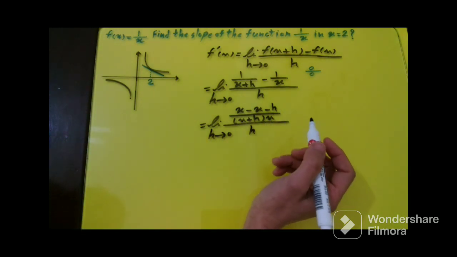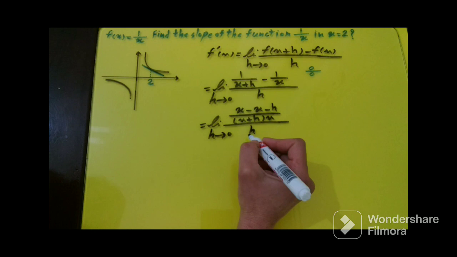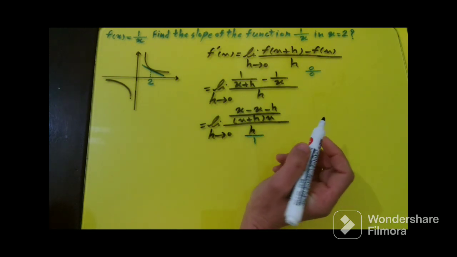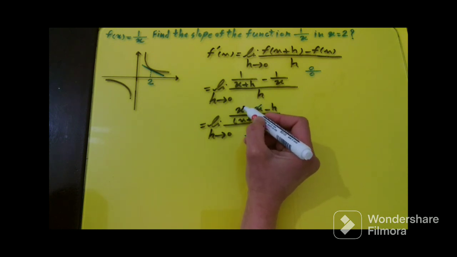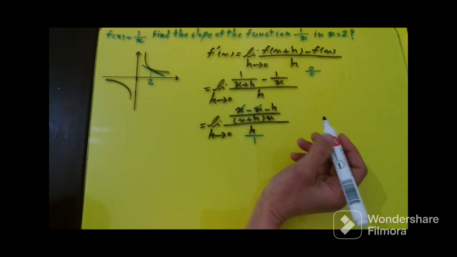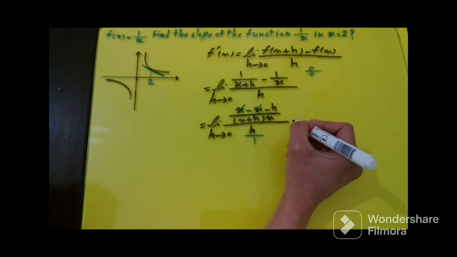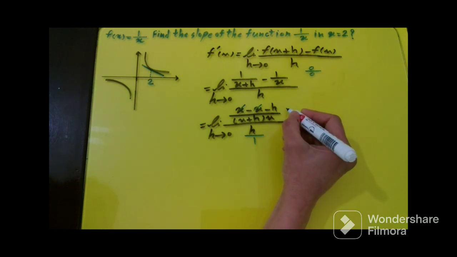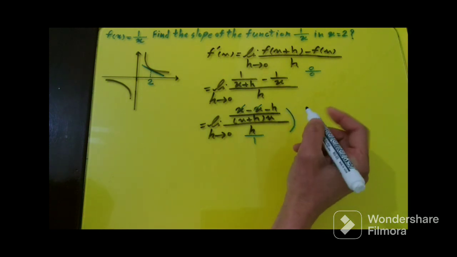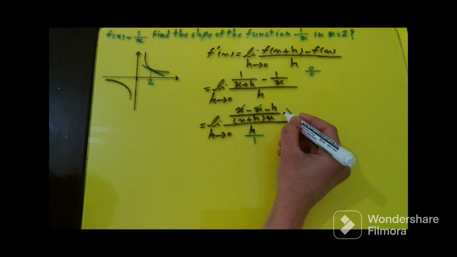We should simplify it, so I can write 1 here and cross out x. Now I multiply this.